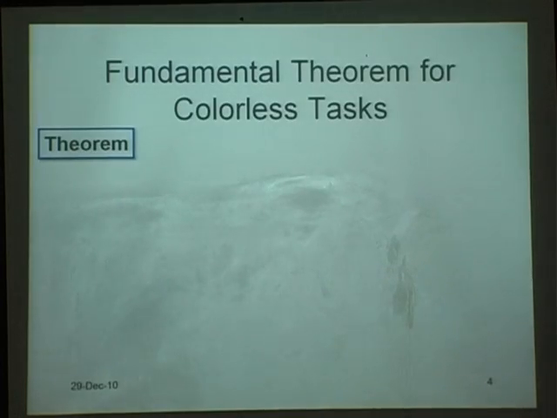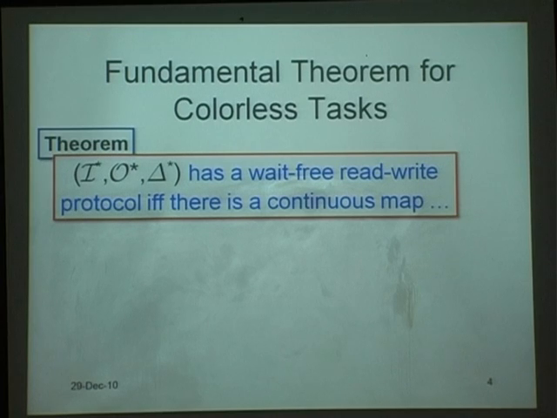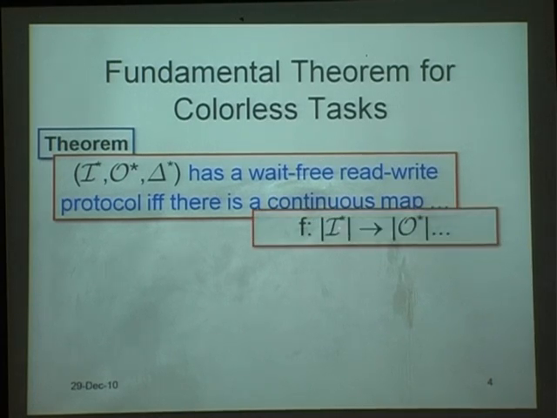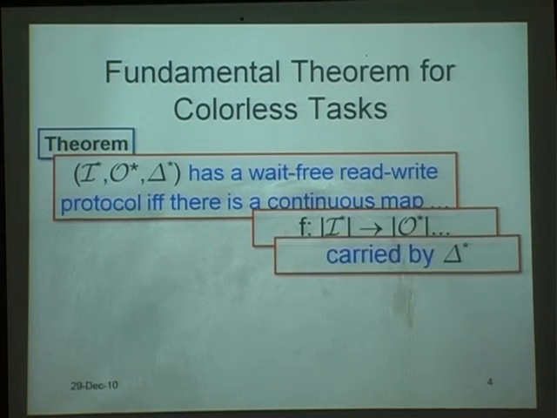The basic theorem for colorless tasks, which we did before, is this: here I've given an input complex, an output complex, and a relation with the star, meaning that they're colorless. This has a wait-free read-write protocol if and only if there's a continuous map from the input complex to the output complex carried by the relation.